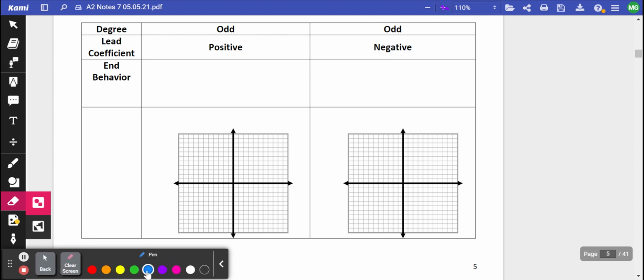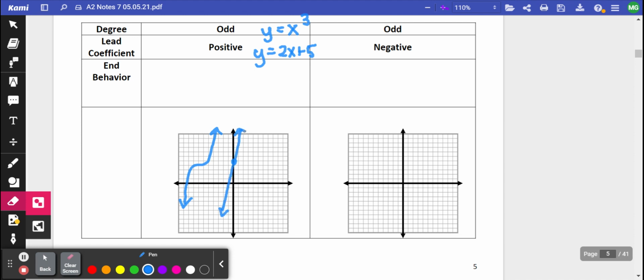Okay, so now we're going to deal with an odd degree polynomial. So think about y equals x cubed. Or y equals 2x plus 5. That is just a line. We know if it has a positive lead coefficient, it's going to look like this. This goes way back to families of functions, doesn't it? And our line would intersect here and have a slope of 2. It would look like that.